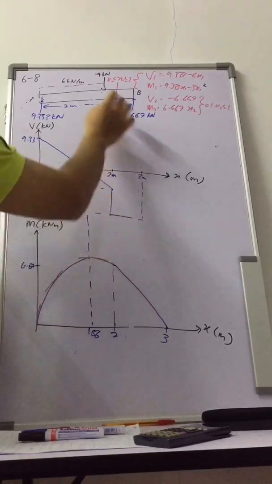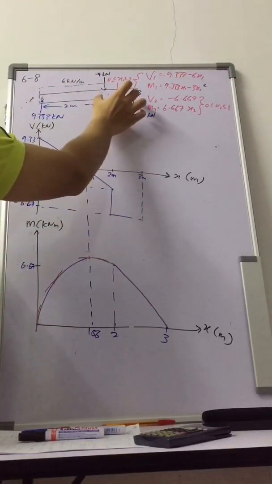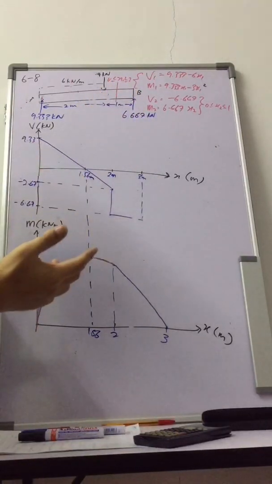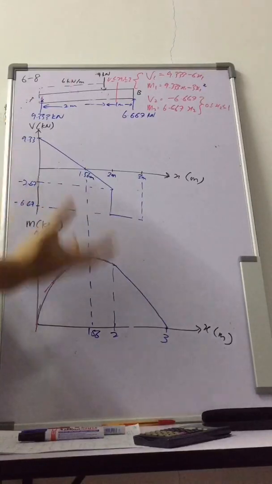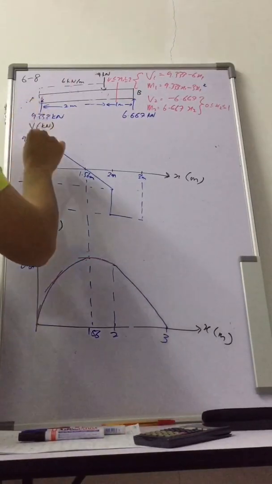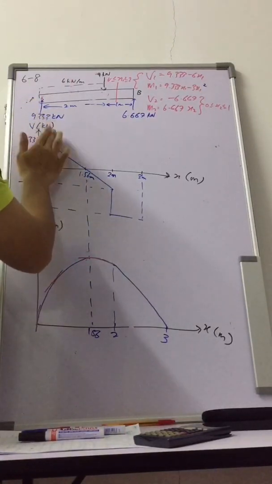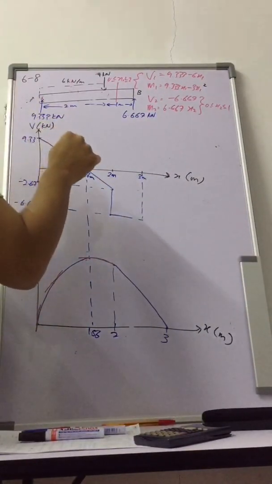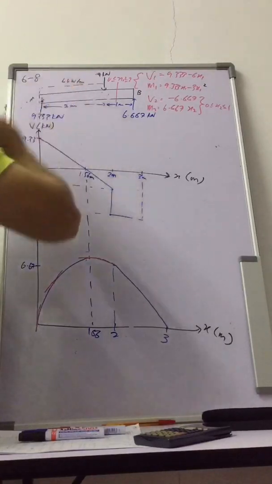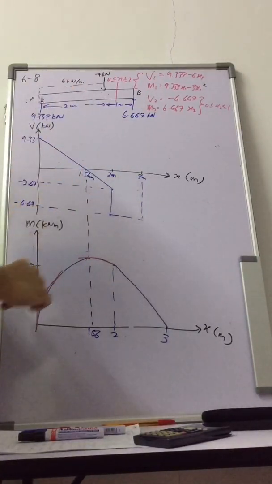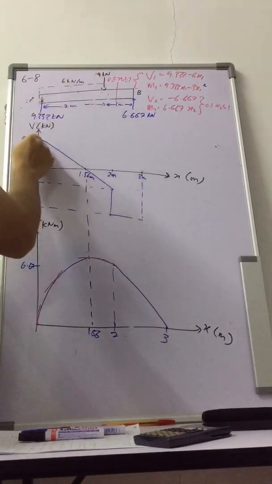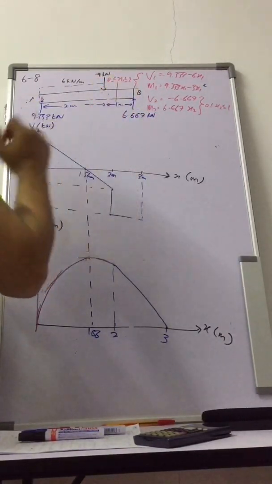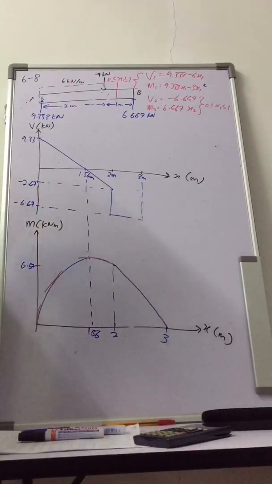Why? Because if you look at the beam itself, there is no distributed load. That's why in 6.2 we learned that the slope of the shear force diagram is the value of the distributed load. The distributed load here is minus 6, so this slope is minus 6. Here there is no distributed load, so it will be 0. Alright? Okay?